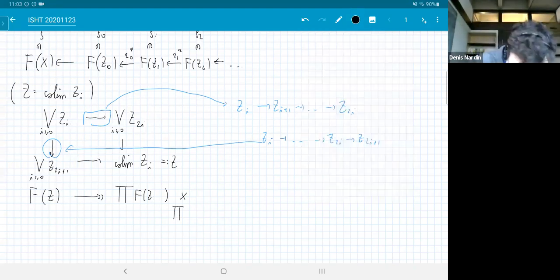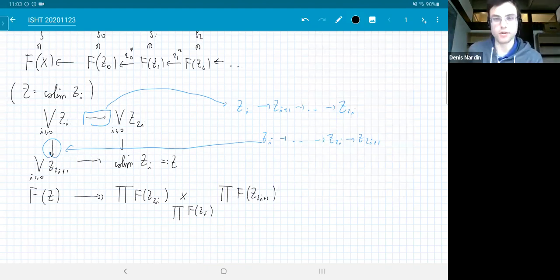Okay, now it's much better. Yes, okay, now it works. Sorry for this misindexing. Okay, is it clear? Sorry for the mistake, I hope.